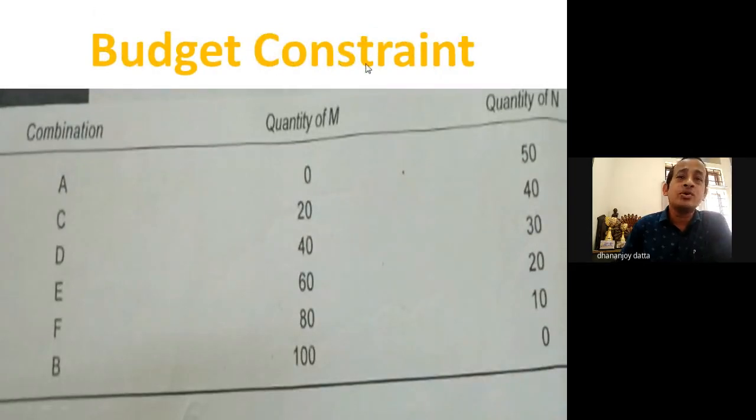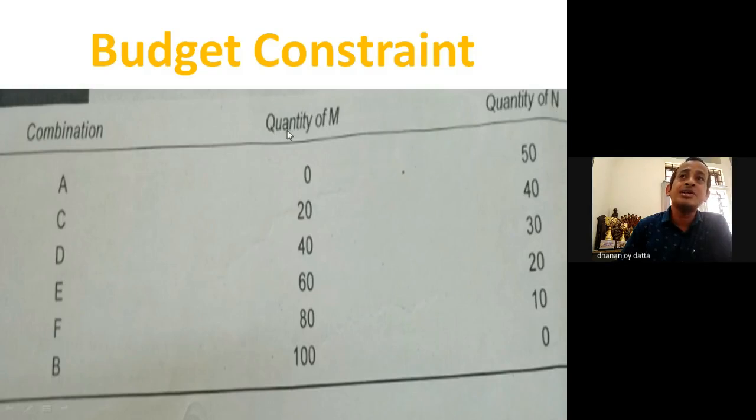Budget constraint. I was telling you that with limited income, a limited budget. Here we are considering the budget as 1,000 rupees. The goods are M goods and N goods.